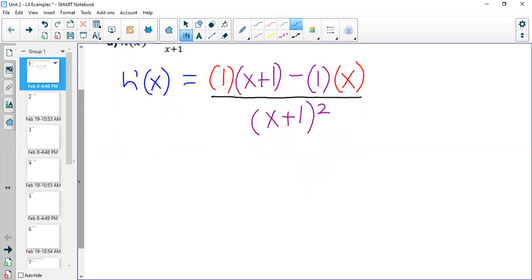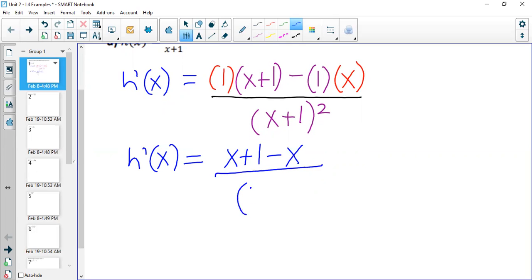Now at this point, I'm going to expand using the distributive property. So 1 times x plus 1 is obviously x plus 1. Negative 1 times x is negative x, all over x plus 1 squared.